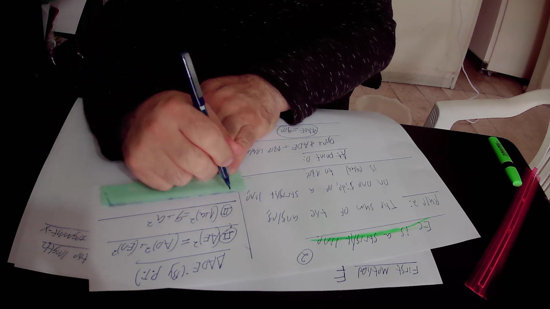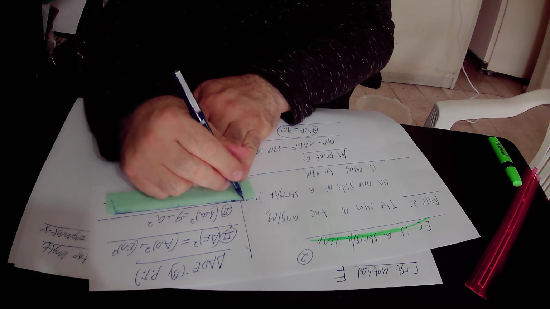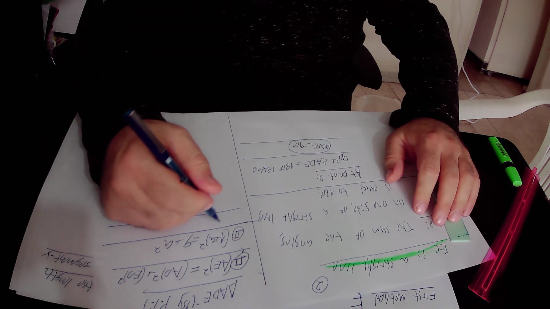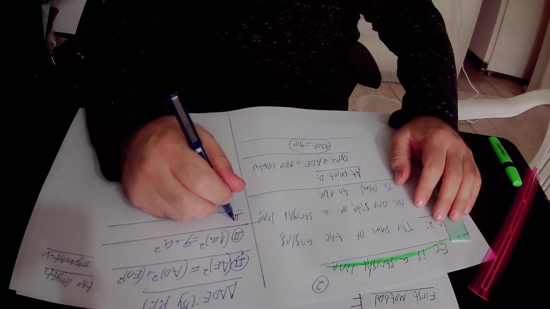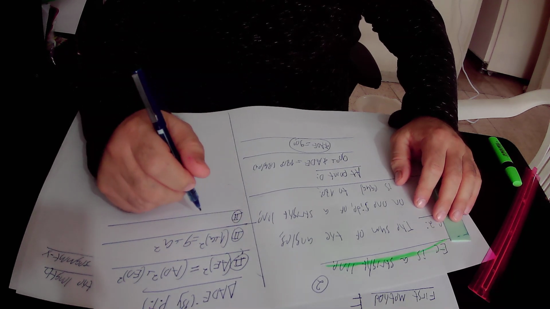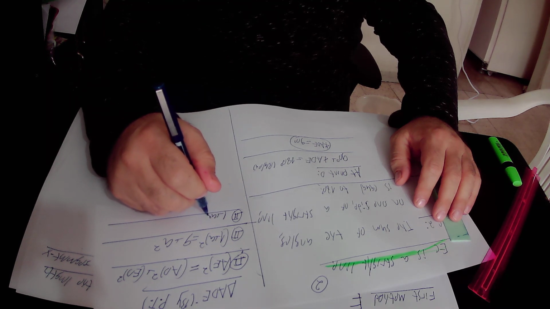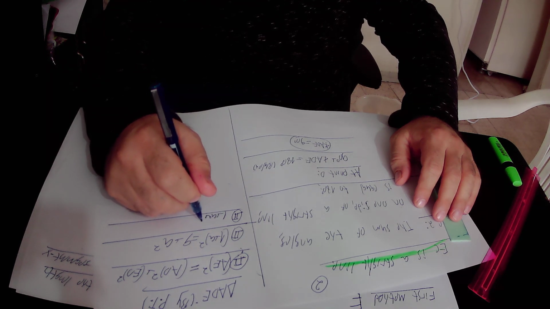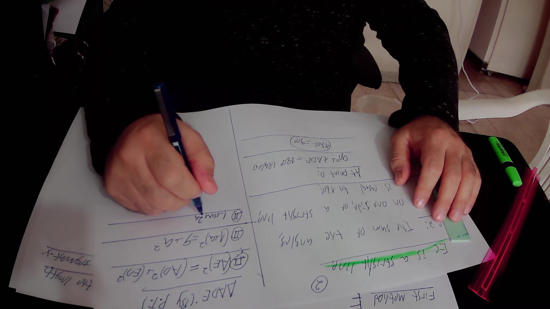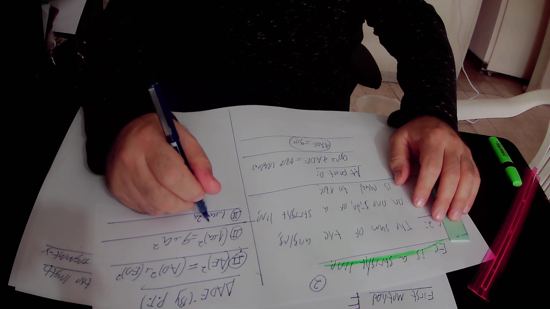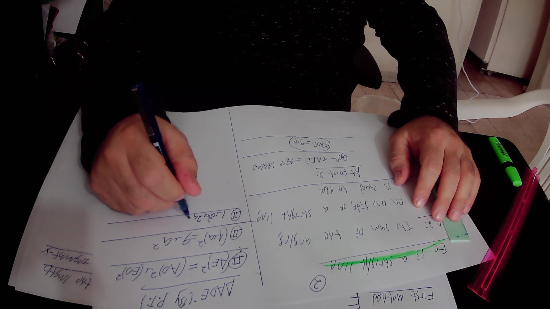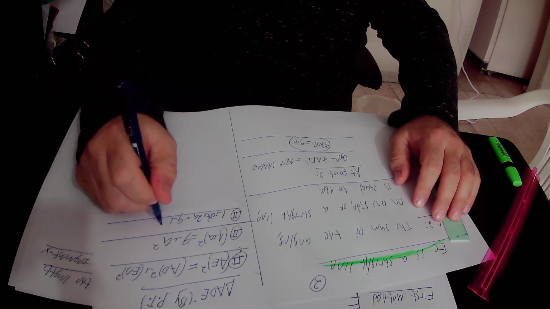So here we will open the brackets on this side of equation number 2, and we get that according to equation number 2, 1 plus A squared plus 2A equals 9 plus A squared.